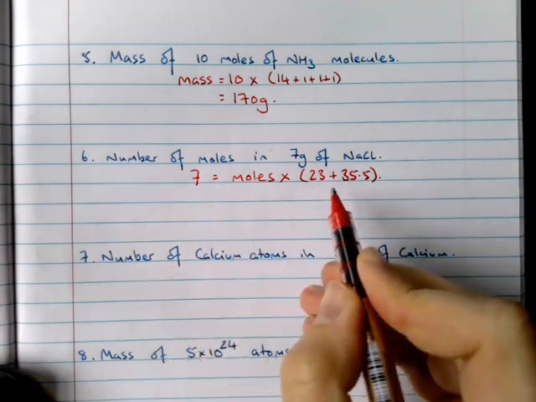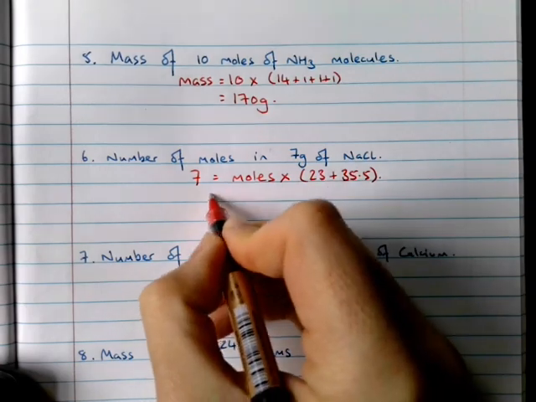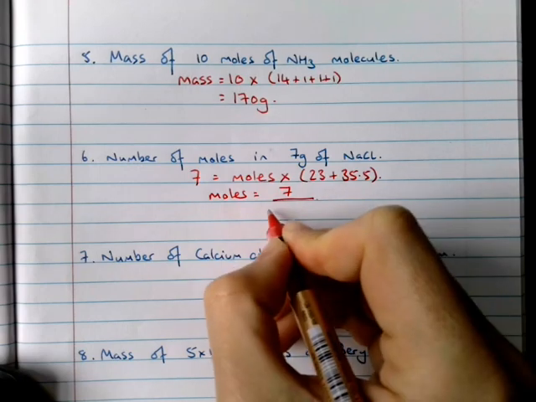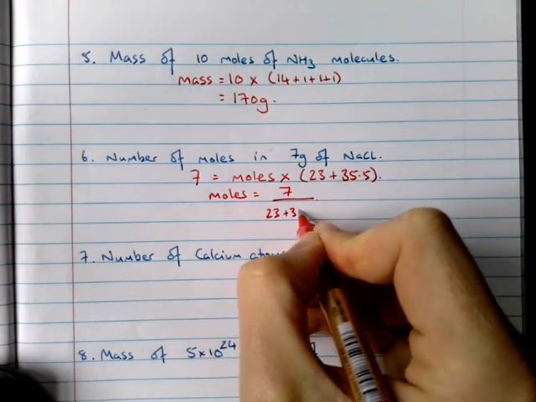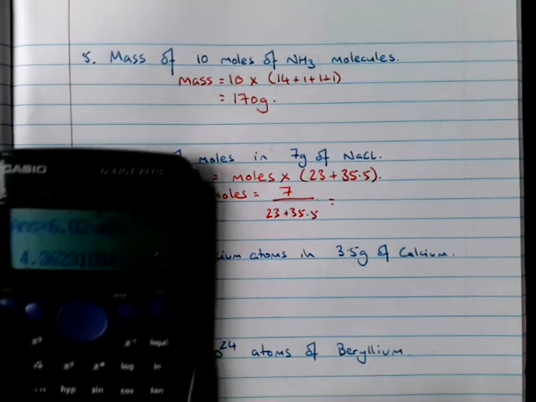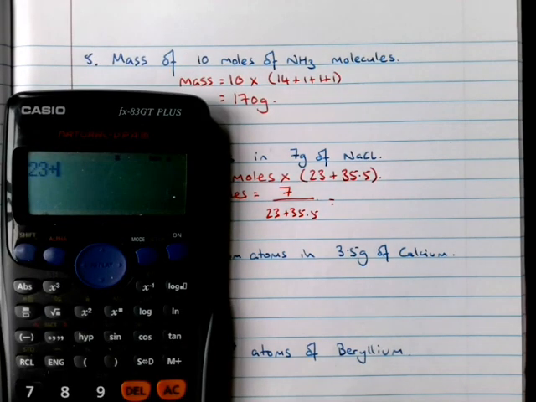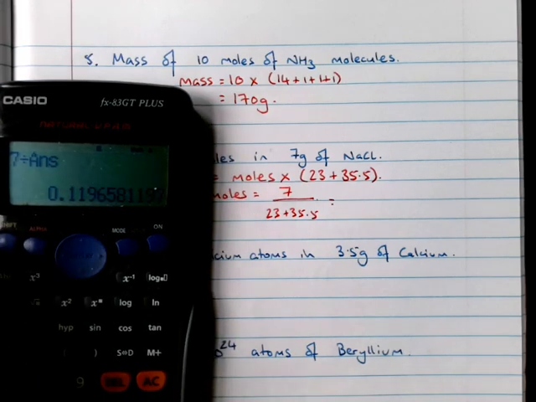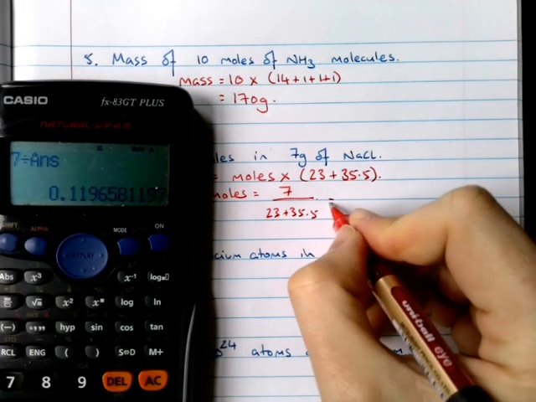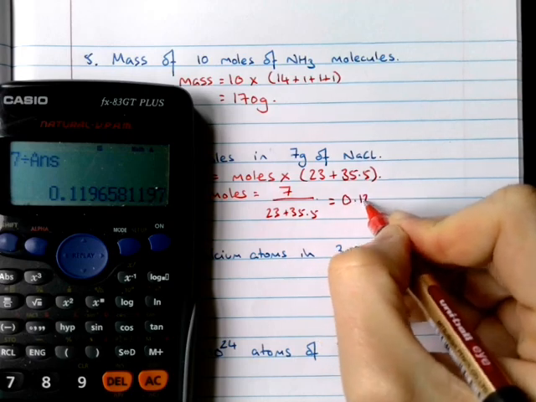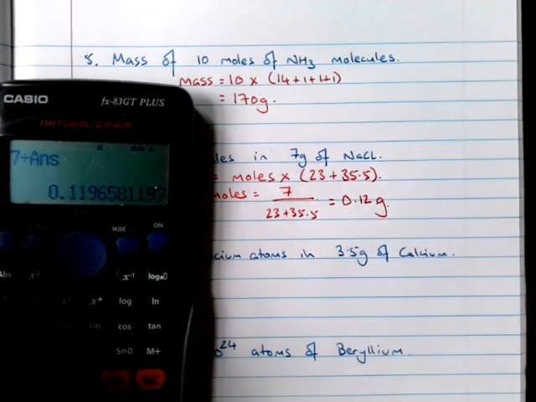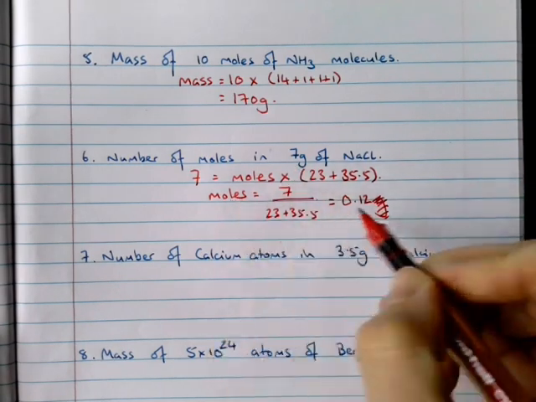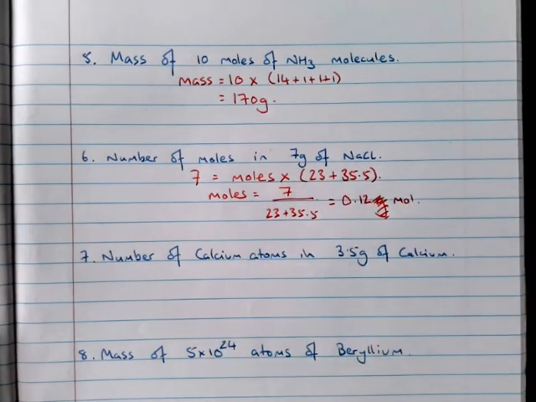If I divide both sides by this, I get my moles is 7 divided by 23 plus 35.5, which is 0.12. Round that to 2 decimal places, 0.12. Oh no, sorry, not grams. I'm working out the number of moles. So 0.12 moles.